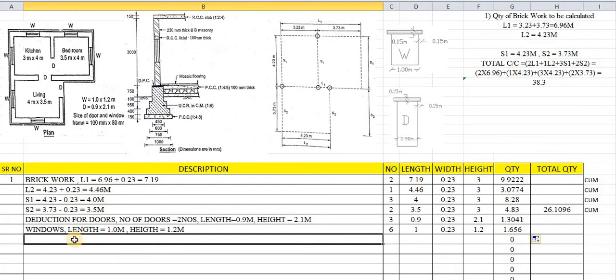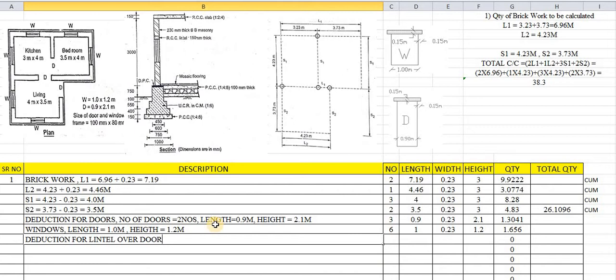Next, deductions for lintels over doors and windows. Normally lintels are provided over doors and windows.